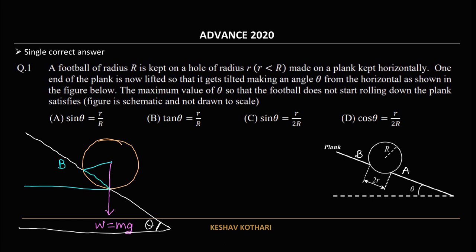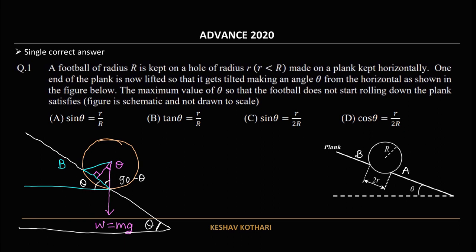such that if this angle is theta, this angle is also equal to theta, and this one is 90 minus theta. And if I drop a perpendicular over here, then I can magnify this triangle and redraw it in this fashion.